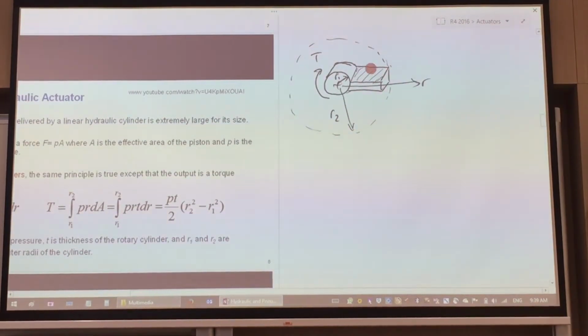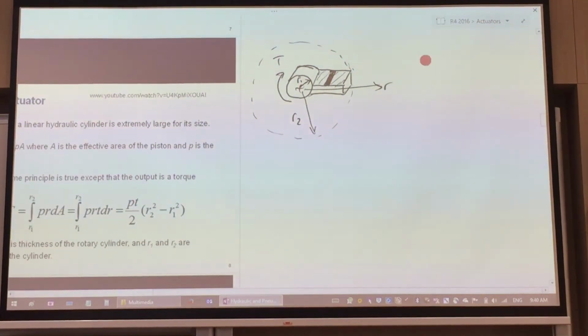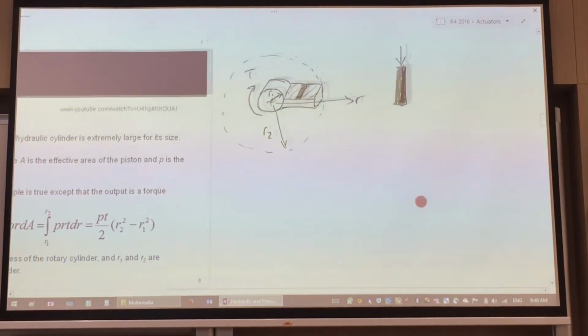So what I can do is to take a small little element over here, this elemental surface. I'll sketch that elemental surface, and it will experience the force that's acting on it.